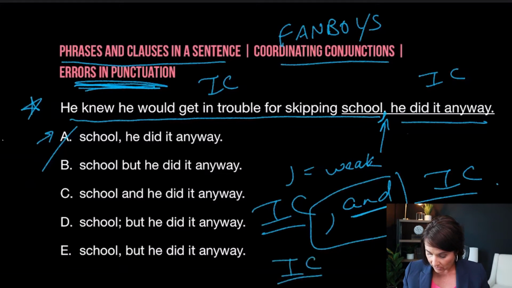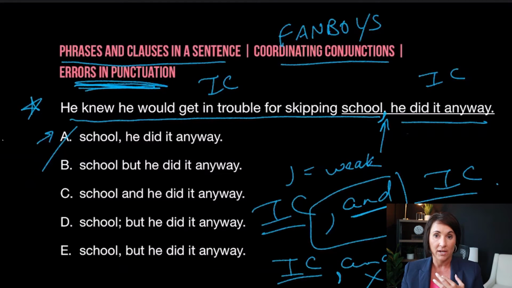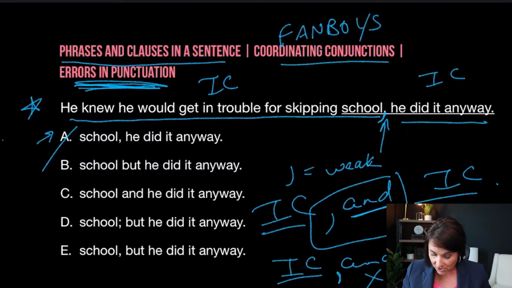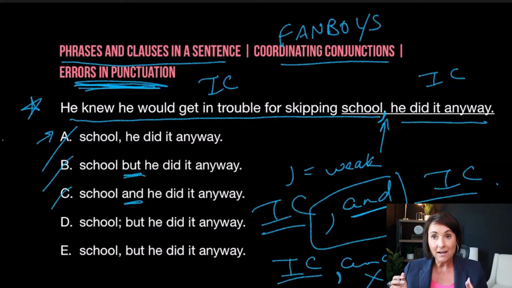The coordinating conjunction on its own, no, you cannot do that. You have to add the comma. The fanboy on its own is weak, and the comma alone is weak, so you have to put them together to make them strong. So B and C are out because I have a fanboy here, but no comma. I need a comma fanboy in order for it to be strong enough to hold.